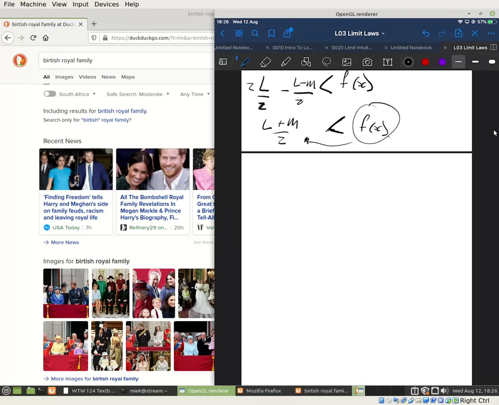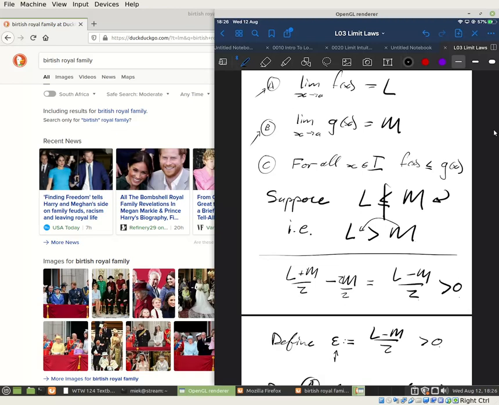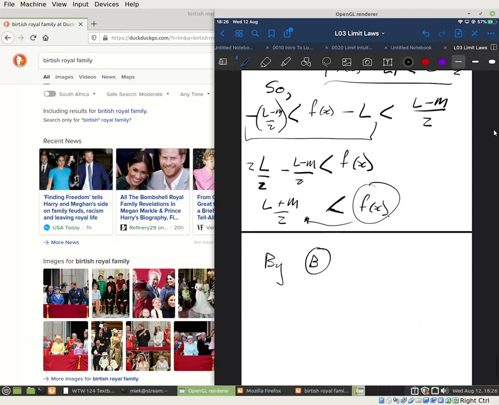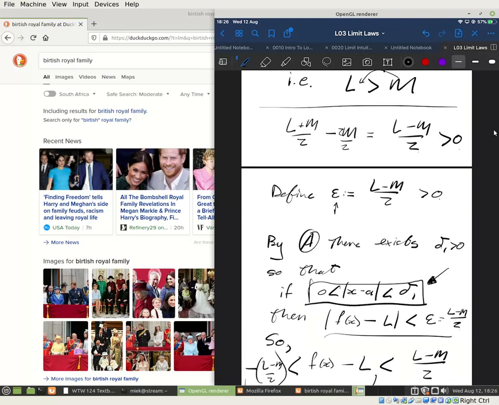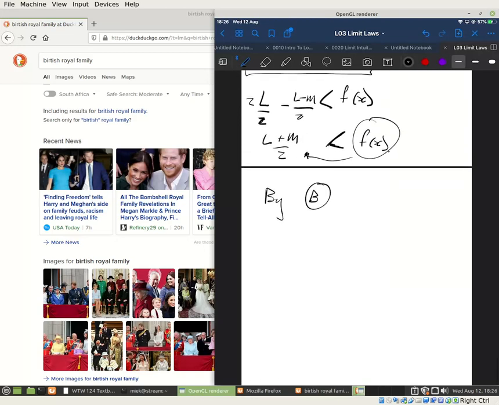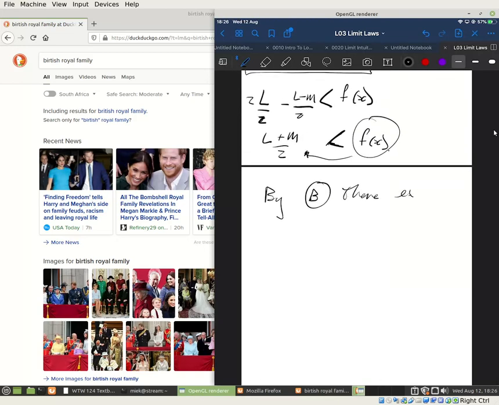So by b, now we're going to use the assumption for b here, and we are going to use the same value for epsilon. So by b, there exists a delta 2 greater than 0, so that if 0 is less than the absolute value of x minus a, which is less than delta 2, then what happens?